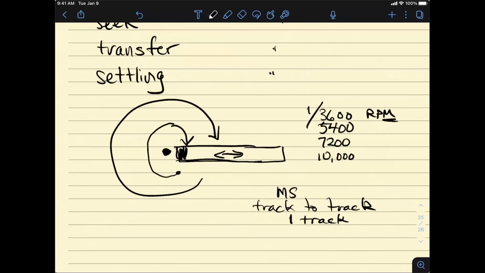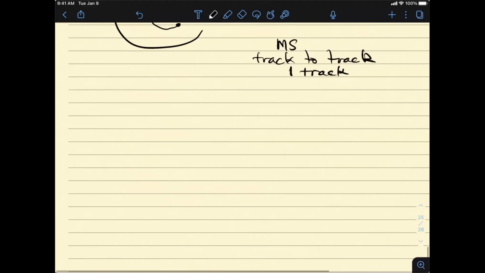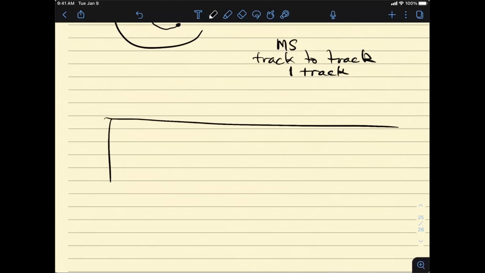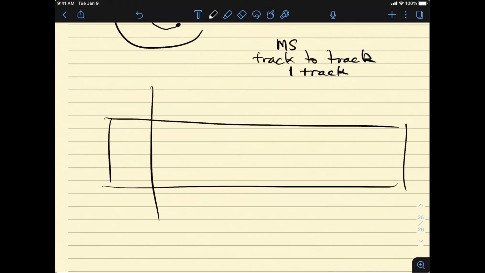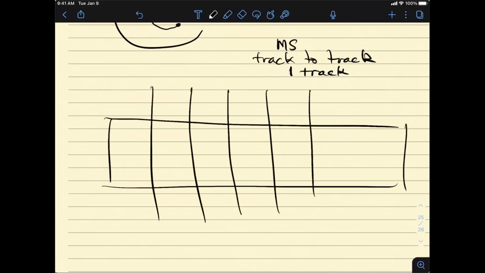With an SSD, which we have not covered, imagine if this is all of your space. The SSD is going to be divided up into sections which are larger than blocks, so there are multiple blocks in each section.